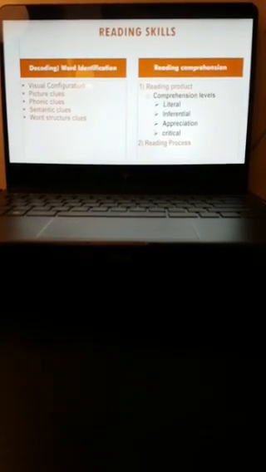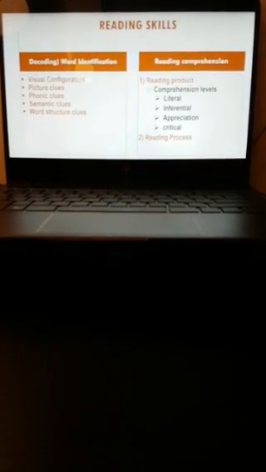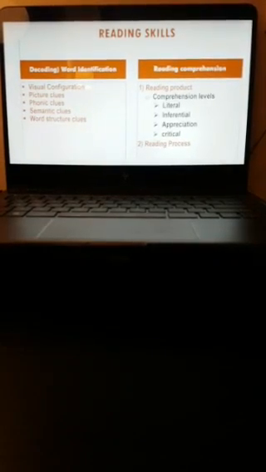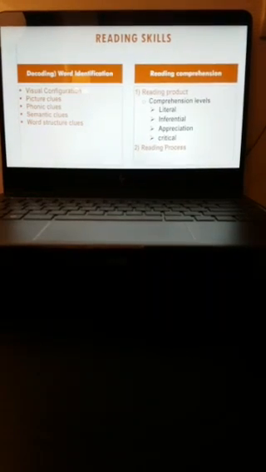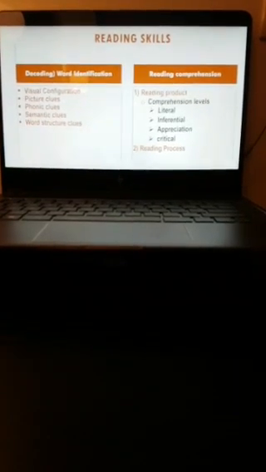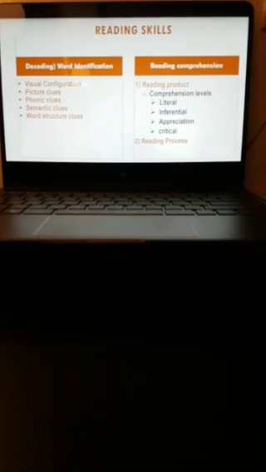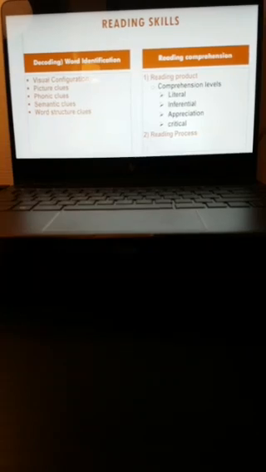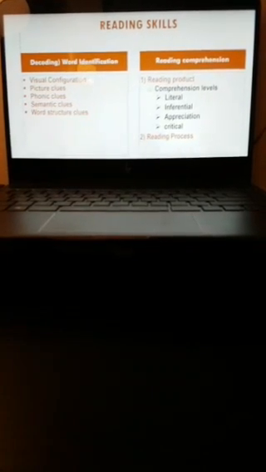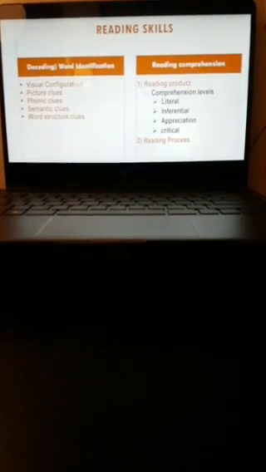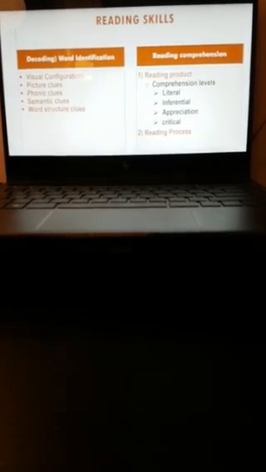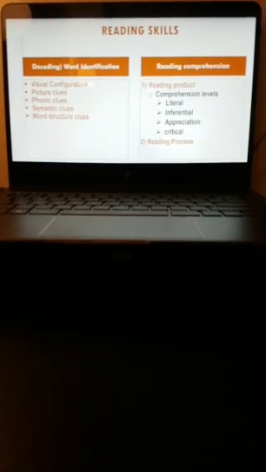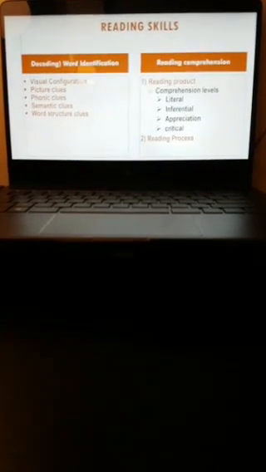We also have semantic clues that help us figure out the meanings of words from context, such as definitions, examples, punctuation marks. They help us identify the meanings of difficult words. Word structure clues. When we see the suffixes, prefixes, the root, sometimes even if the word is new and we have some idea about prefixes, suffixes, root, we can figure out its meaning.